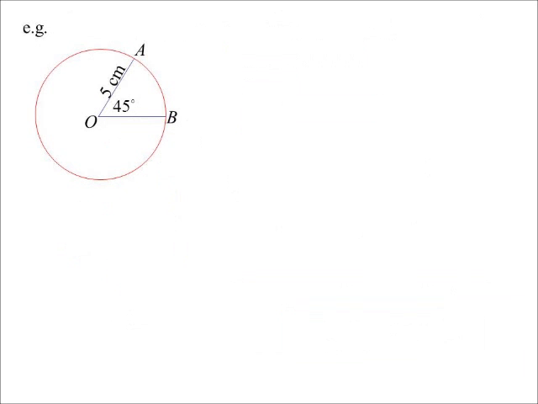Okay, let's do a simple little example. And I've purposely made that 45 degrees to highlight, hey, before we can do this, we need to change that into radians. Okay, so the length of AB will be r theta, but not 45 degrees, pi on 4 radians.